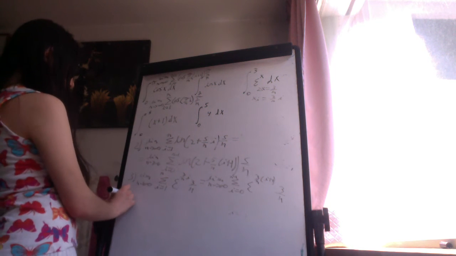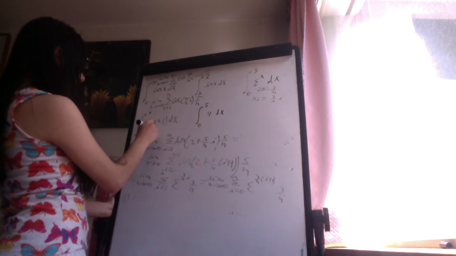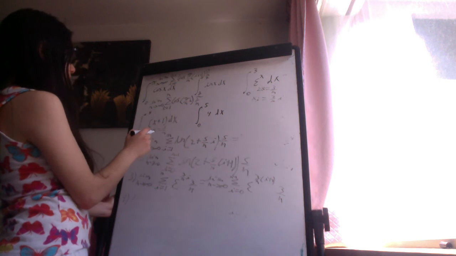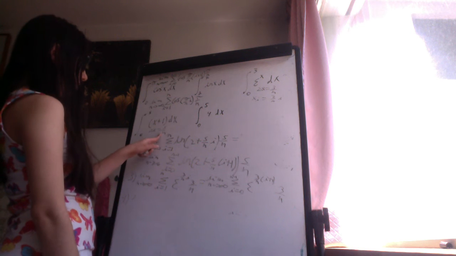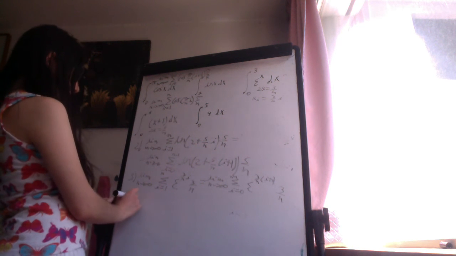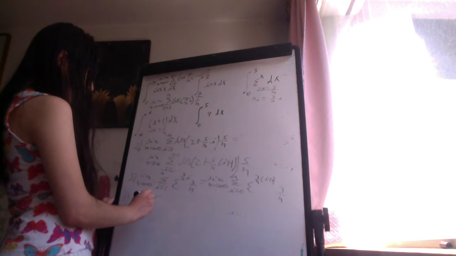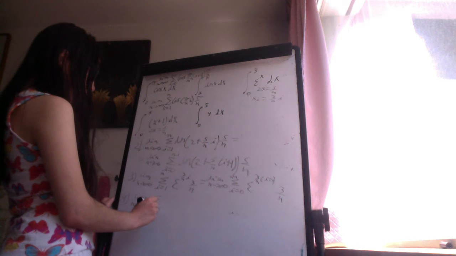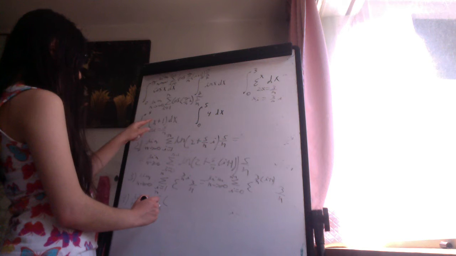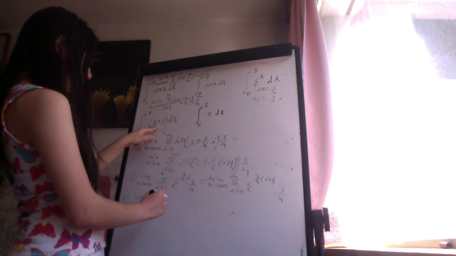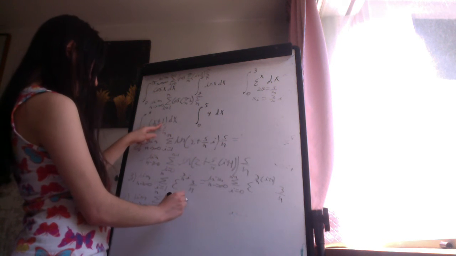The fourth one would be, delta x is again just 5 over n. Our a is 0, and so our x sub i would be 5 over n times i. So we have the limit as n approaches infinity of the summation from i equals 1 to n of f of x sub i, where x sub i is 5 over n i, plus 1.